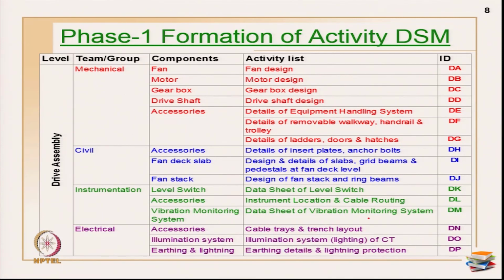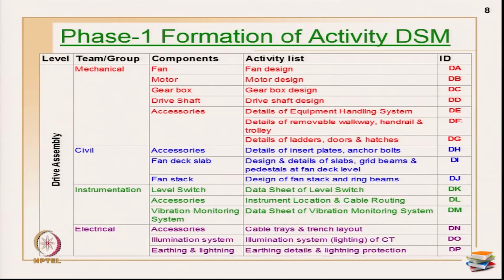So, these are all the activities we have in the instrumentation. For electrical, cable trays and trench layout, illumination systems or lighting system of the cooling tower, earthing details and lightning protection. So, accordingly we have almost 16 activities in the entire drive assembly level. Okay.